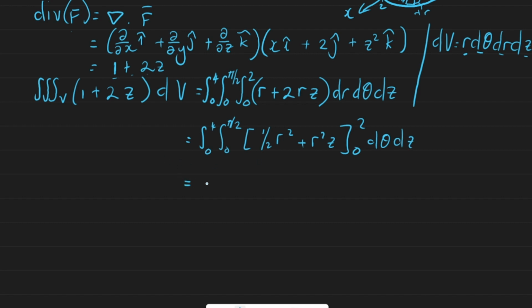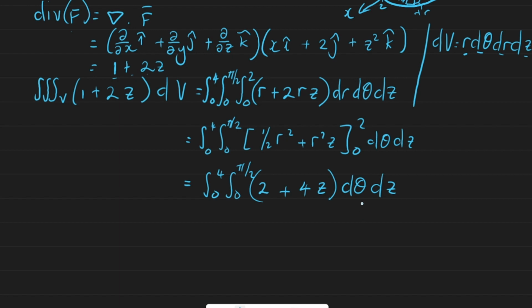So that gives us, we just write the boundaries again, 0 to pi over 2, and then substituting in 2, 2 squared is 4, 4 divided by 2 is 2, and 2 squared is 4, so we have 4z, and we're integrating this with respect to d theta and dz.